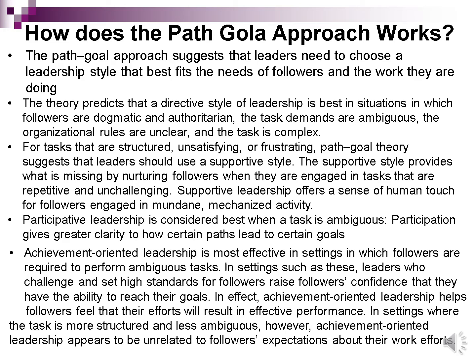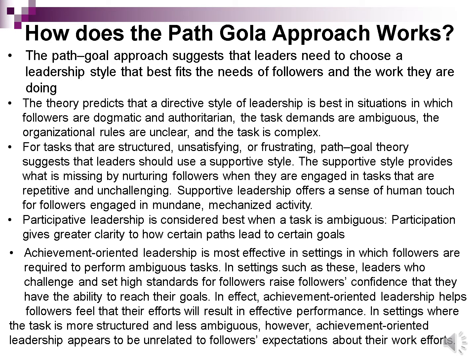Participative leadership is considered best when the task is ambiguous. Participation gives greater clarity to how certain paths lead to certain goals. Achievement-oriented leadership is more effective in settings in which followers are required to perform ambiguous tasks. In settings such as these, leaders who challenge and set high standards for followers raise followers' confidence and their ability to reach their goals.